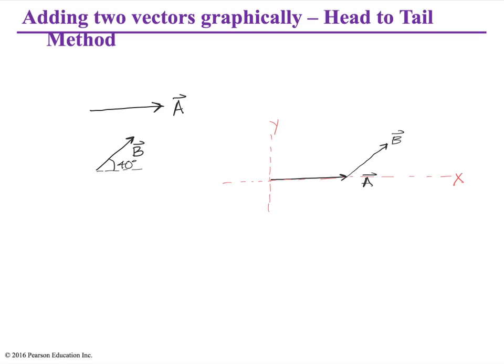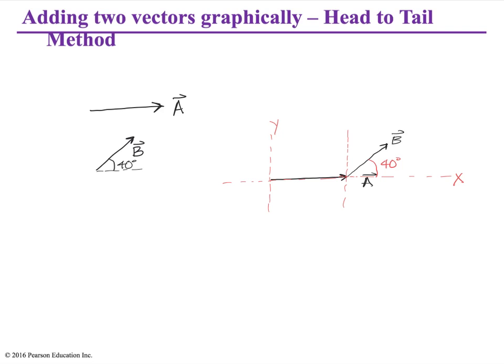And that's why it's called the head to tail method. And again, when we're doing this, we're sort of imagining that there's another x and y axis here, and that this angle that we draw B at is the proper angle that it was indicated at relative to the x-axis.